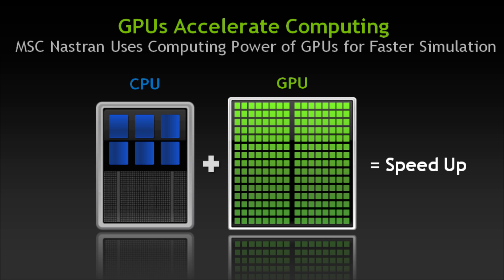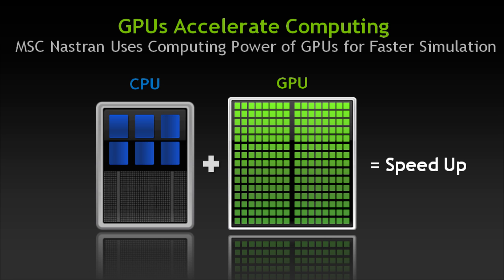What I've got in this slide is a very brief description of how GPUs accelerate the computing. Now, for most of us as CAE users, the use of parallel applications that use multiple cores is a well-established technology. We are using that day in and day out, and Ted walked through a variety of use cases.